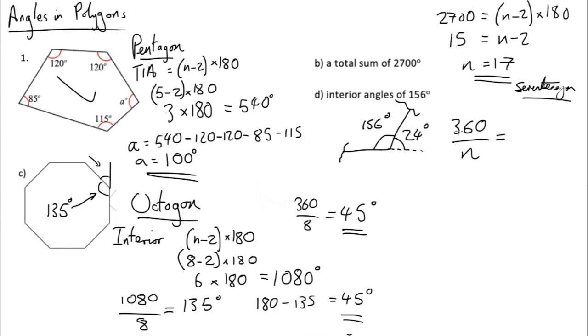So if that equals 24, if I times by n, I get 24n. If I divide by 24, I get 15. So for this shape, it's a 15-sided shape, okay, which is called a half 30agon.